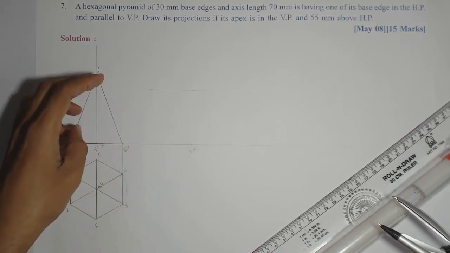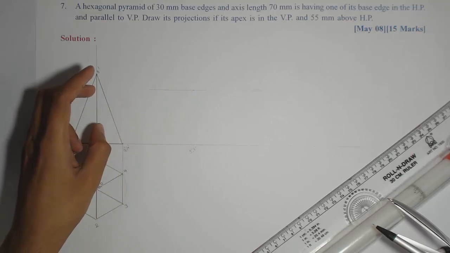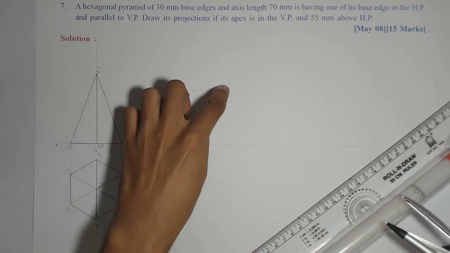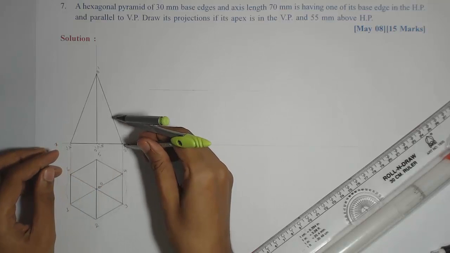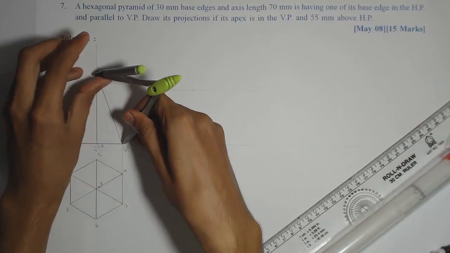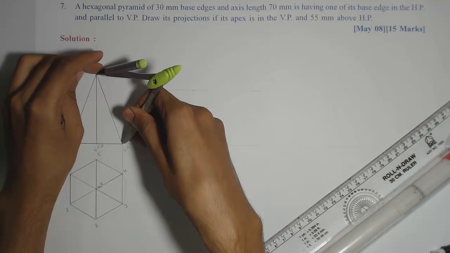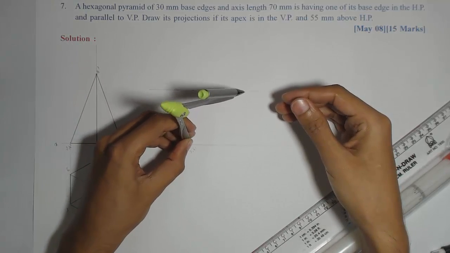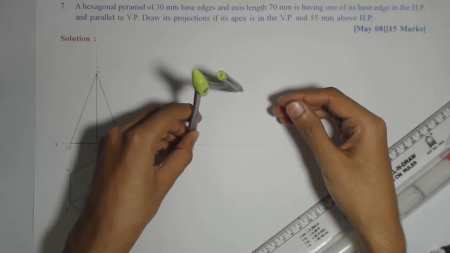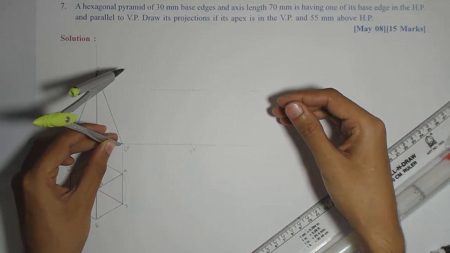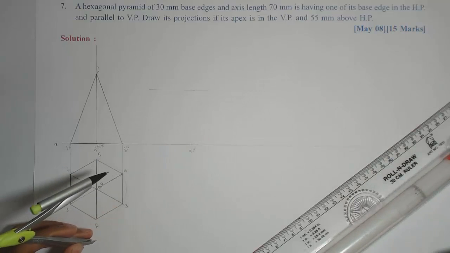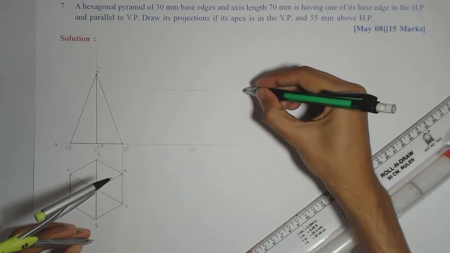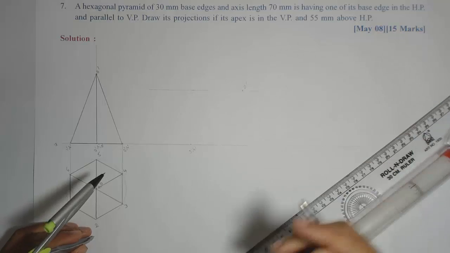So in the second stage we need to tilt this pyramid in such a way that the apex comes at a height of 55 mm. So I'll take this distance 3 dash, 4 dash up to O dash. Since the position of 3 dash, 4 dash is fixed because that edge needs to be in HP, we'll mark this distance to get O dash above the HP at a distance of 55 mm. So this will give me O dash.